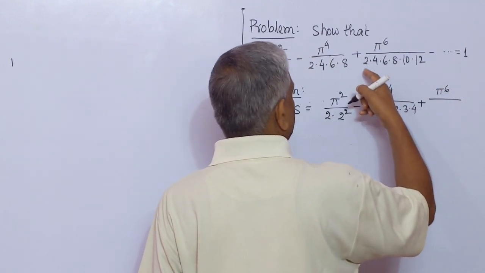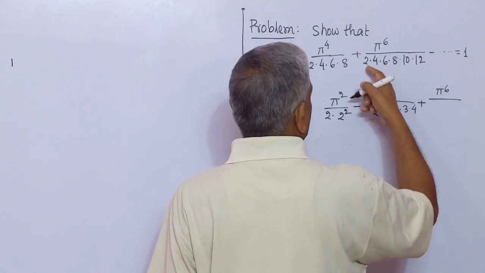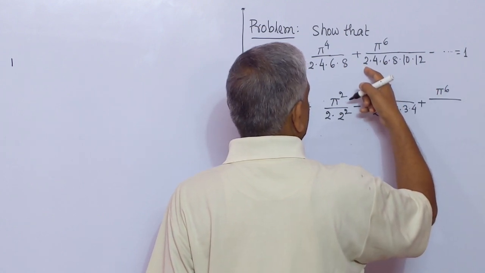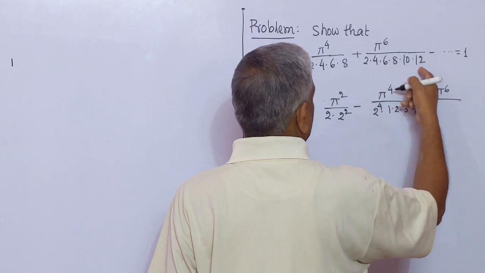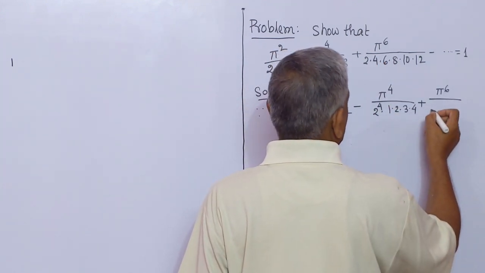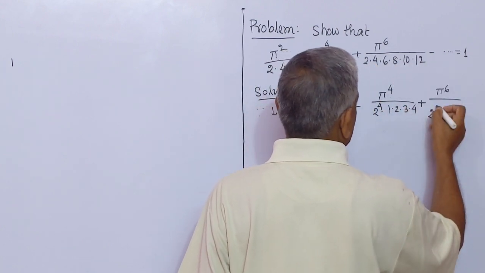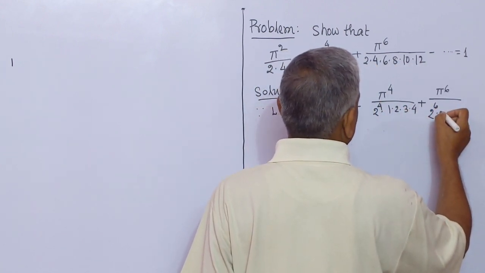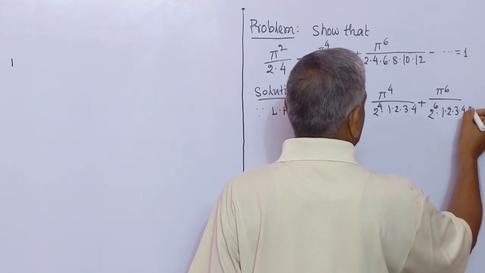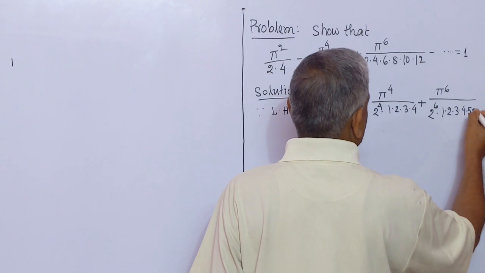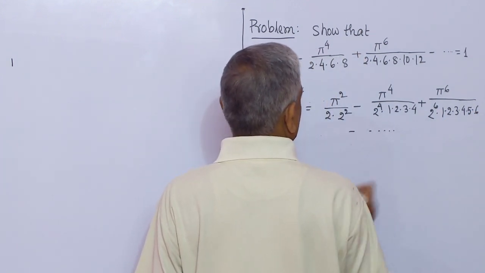Here also we take 2 from each number. Here 2 means 2 multiply 1, 4 means 2 multiply 2, 6 means 2 multiply 3, and in this way we get 2 to the power 6 multiply 1 multiply 2 multiply 3 multiply 4 multiply 5 multiply 6, minus dot dot dot.